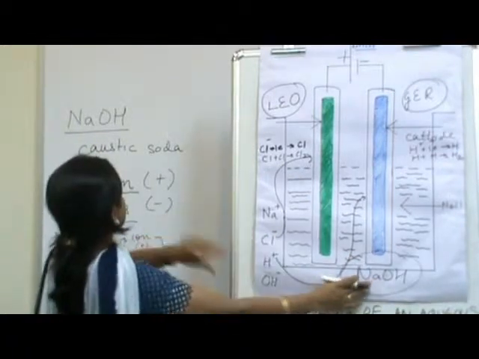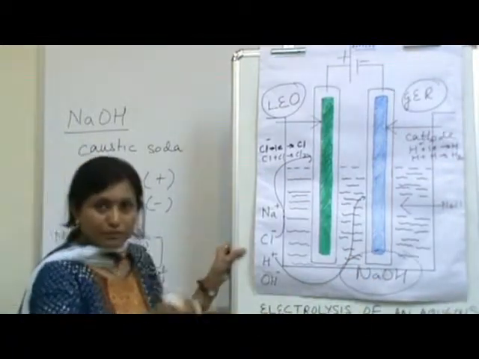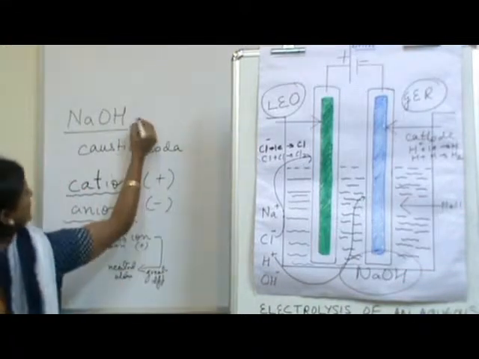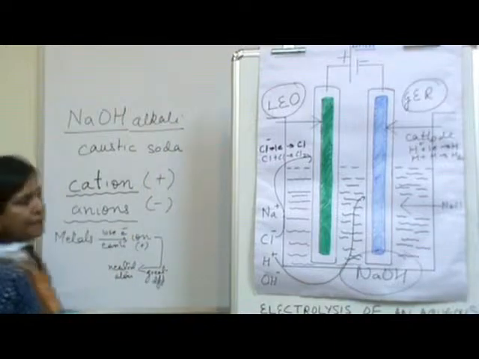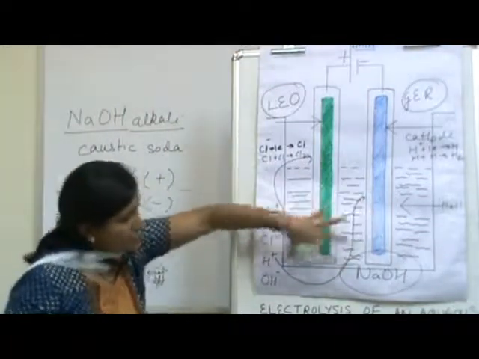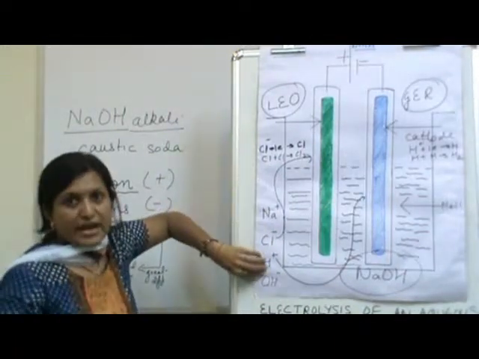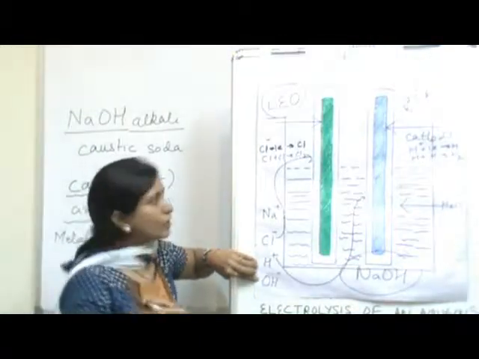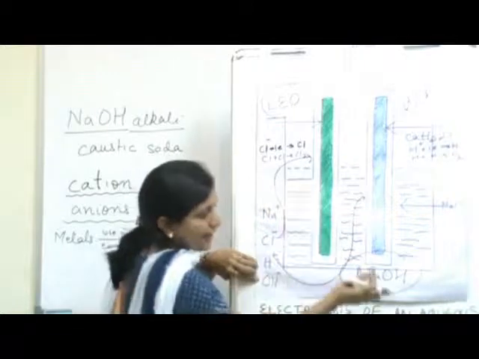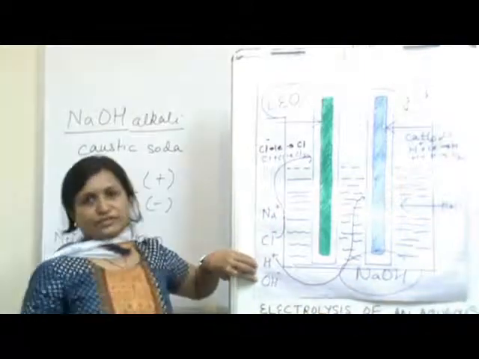Now NaOH is caustic soda, it is soluble in water and it is an alkali. The bases which are soluble in water are called alkali. Therefore, electrolysis of NaCl is known as Chlor-alkali process. Chlor for chlorine and alkali for NaOH. Thank you.